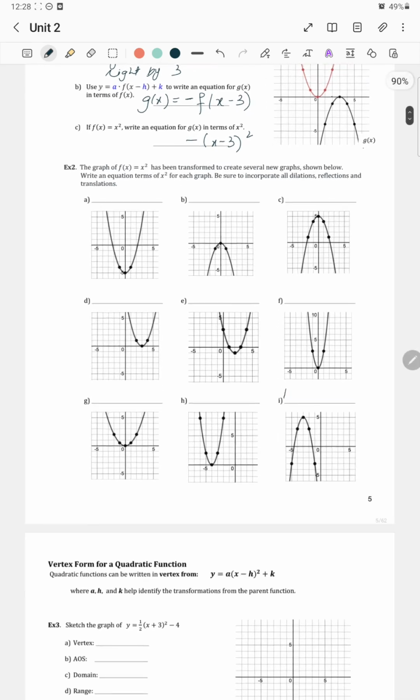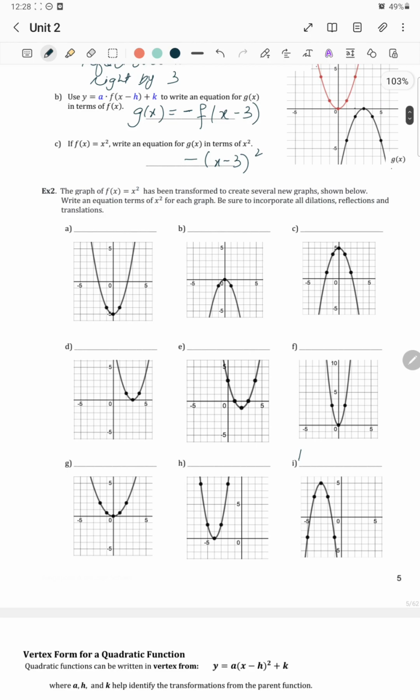Okay, so this is y is equal to x squared and it's shifted 5 down, so it's going to be y is equal to x squared minus 5. So it's the same but it's downside up, so y is equal to minus x squared.